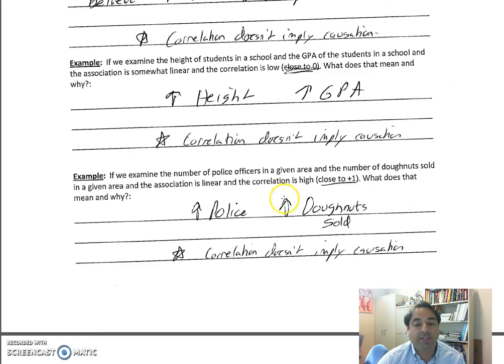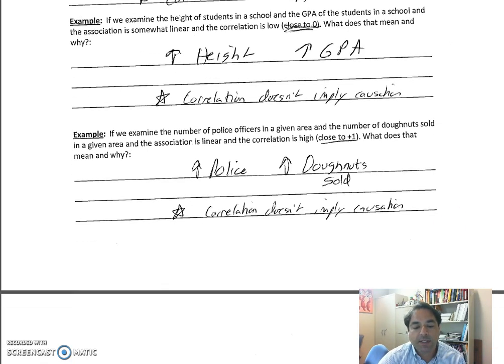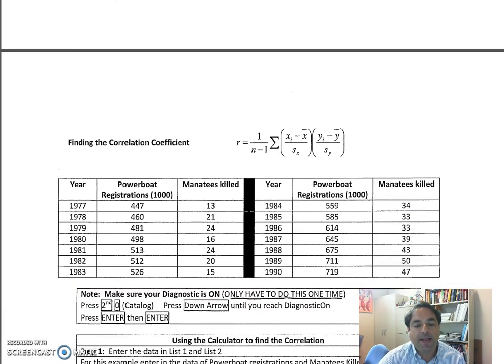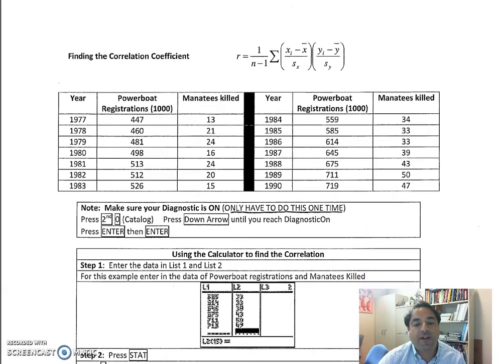And if I had an example where it says the more police we have, the more donuts sold, and it's highly correlated, does that mean all police eat donuts? No. Correlation doesn't imply causation. So you may be thinking, well, correlation doesn't say much. Well, keep in mind, if there was no correlation at all, I probably wouldn't proceed. But if there was a strong correlation, I may spend the time and do an experiment to find out what's going on.